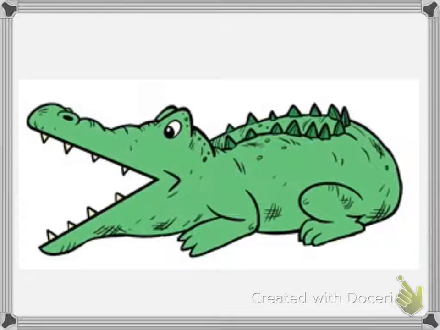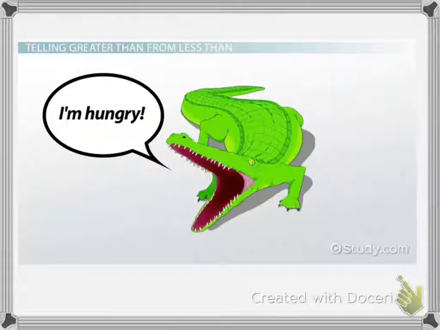I know one of those tricks that we like to use and how we help remember what the bigger number is with our alligator. The alligator is always pointing, his mouth is always pointing to the greater number. How I like to use the alligator is saying, I am hungry. So if you are really hungry, you're going to go for the bigger amount of food.